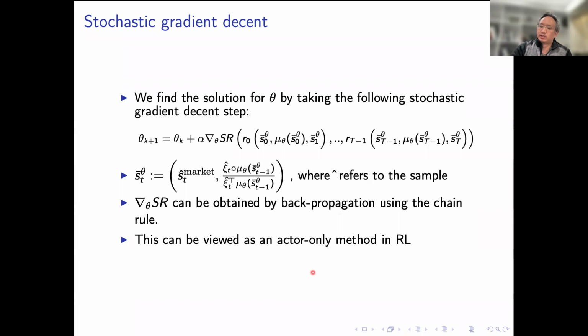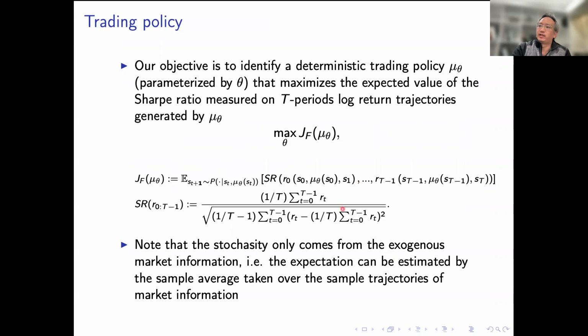This formulation can be classified as an actor-only method in reinforcement learning. First of all, like I said, the objective function does not follow the scope of traditional dynamic programming. It's not recursive. So the way we solve it is to parameterize the policy function and then solve it as if it is a sample average expectation problem.